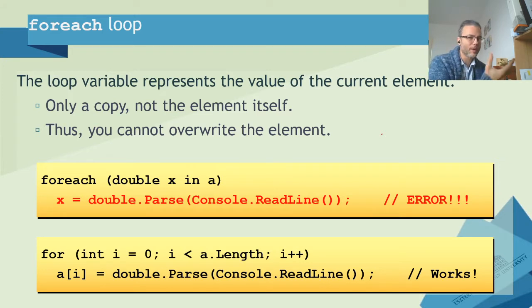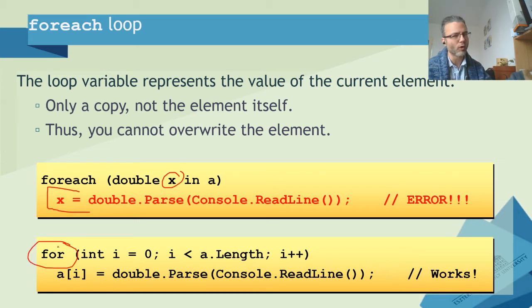You cannot override an element in a for each loop. Just copy this code and try it. You will get a compile error here. The C# compiler doesn't allow you to assign a value to this loop variable. So if you want to fill the array with elements, you definitely need to use, for example, a for loop.